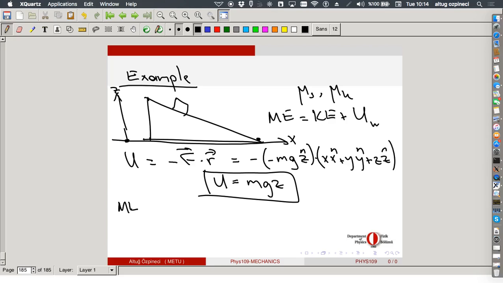Now, what is the mechanical energy? Let's say initial. Let's say this is h. What is the initial mechanical energy?